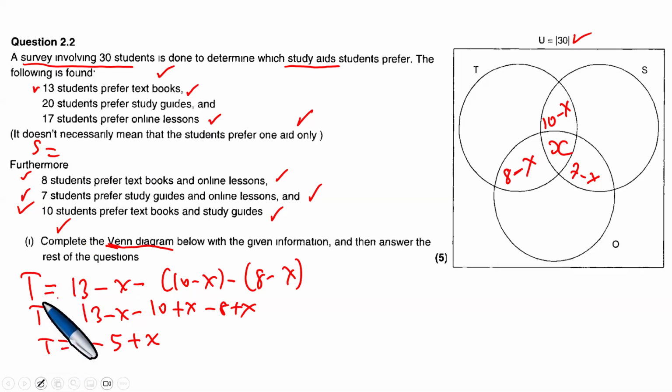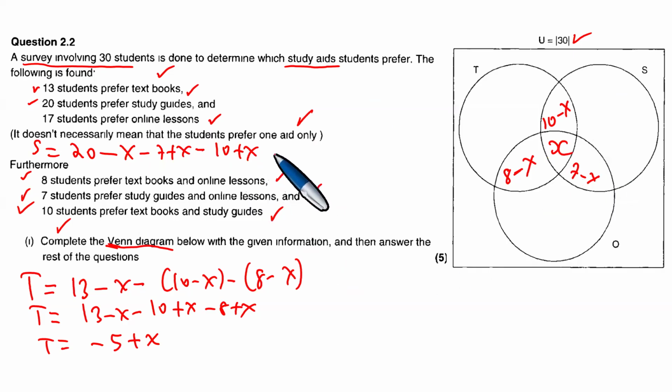There are 20 study guides, so we have 20 minus X, minus 7 plus X, minus 10 plus X. What is the answer? 20, minus 7 minus 10 is minus 17, so 20 minus 17 is exactly 3. Then minus X plus X gives us X. So the study guides would be 3 plus X.